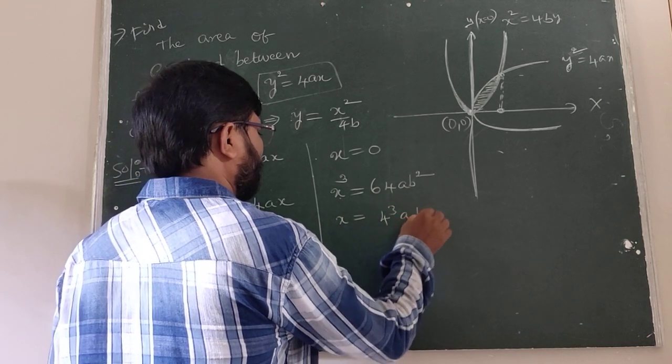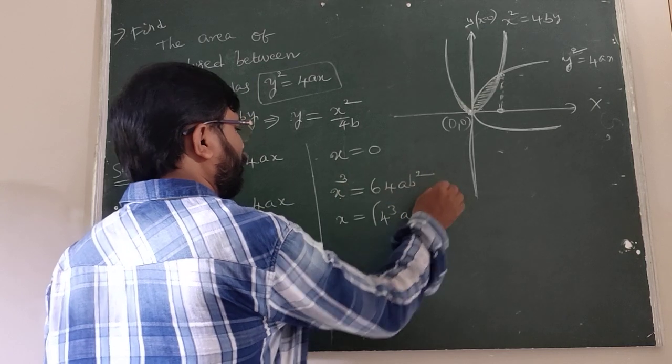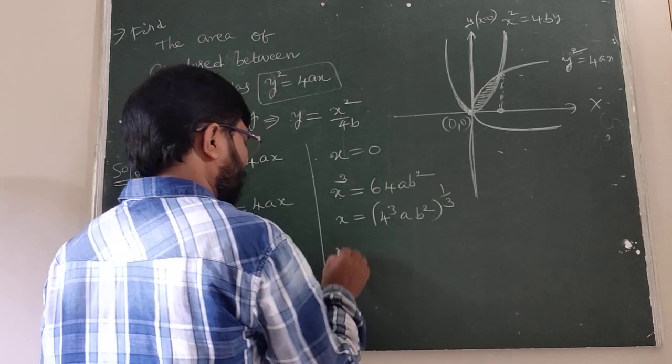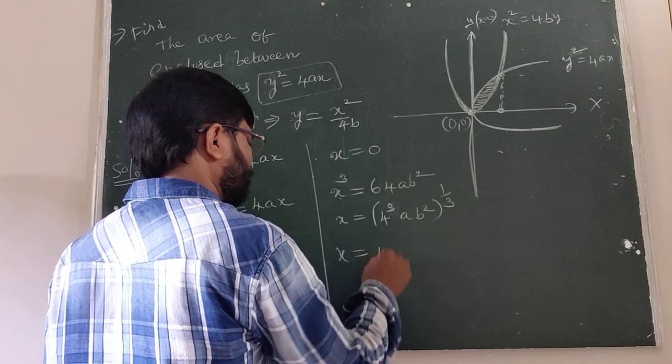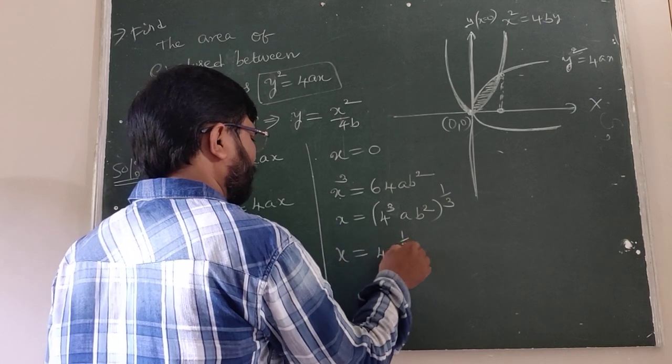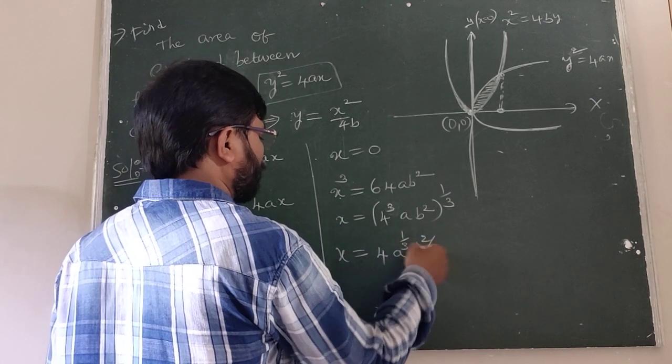You can write x equals to 4 cube, b square, whole power 1 by 3. Now 4 cube with power 1 by 3, the 3 cancels, this is 4 a power 1 by 3, b power 2 by 3, this is x. The first one x is 0 and the second one is 4 a power 1 by 3, b power 2 by 3.